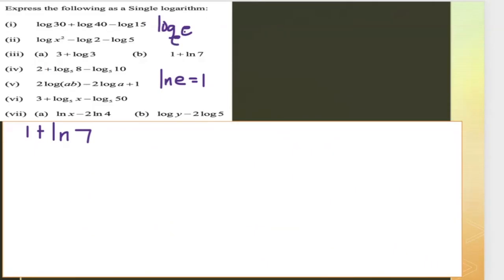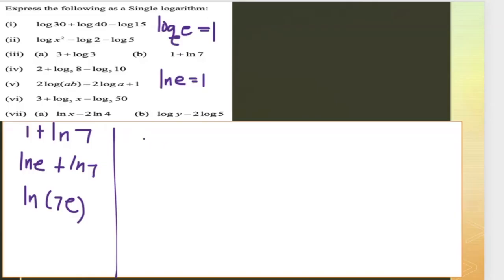So we know that when these are the same base, then the value of this is 1. So I'm going to change 1 to ln e only because I have ln on the other side. So I have ln e plus ln 7, and then you write the ln once and multiply e times 7. e times 7 is 7e.